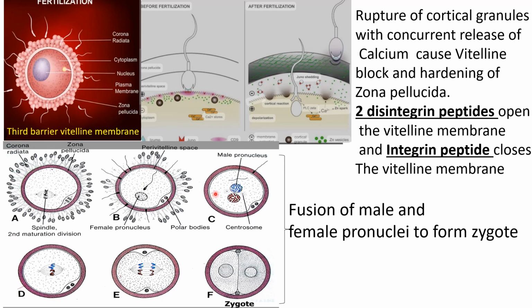In the mature ovum, we can now see the female pronucleus and the male pronucleus. Both these pronuclei will fuse, there is exchange of hereditary material, and finally it forms the zygote.